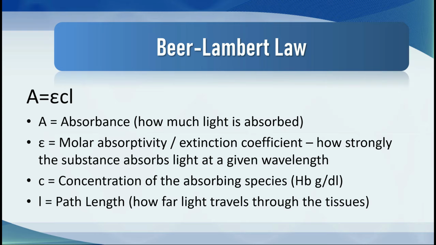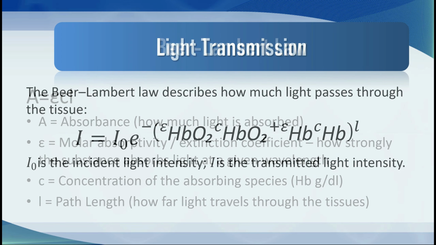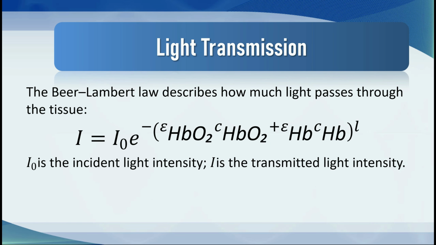The key scientific concept behind pulse oximetry is the Beer Lambert Law, and that states that the absorbance of light is determined by how strongly hemoglobin absorbs light at a given wavelength, the concentration of hemoglobin, and how far light travels through the tissues. The transmitted light intensity is determined by this complex equation.